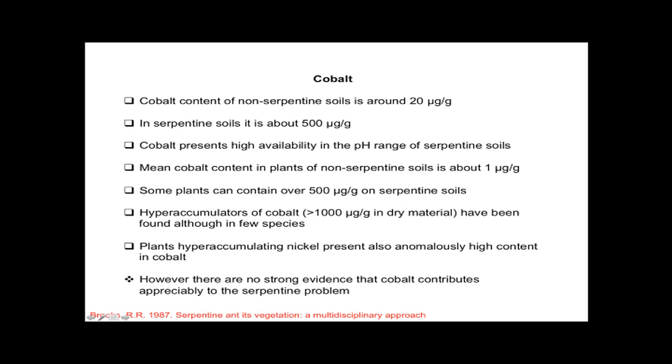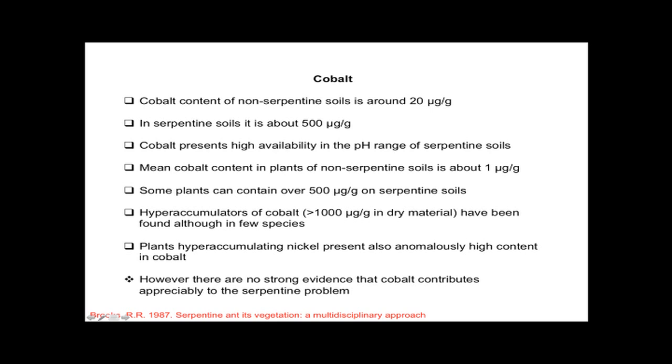Cobalt, if you remember a previous figure I showed, is highly available in the pH range of serpentine soils, and some plants can contain large amounts of cobalt, like 500 micrograms per gram on serpentine soils, while this amount on non-serpentine soil is only 1 microgram per gram.